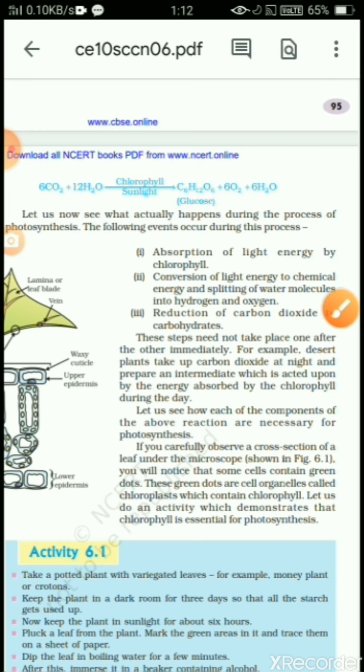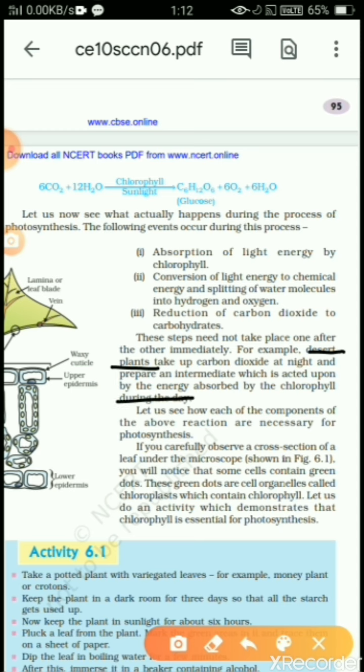For example, in desert plants you see that carbon dioxide is absorbed in the night and absorption of energy by the chlorophyll occurs in the daytime. So these steps can take place after a gap of time. It doesn't mean they occur simultaneously, one by one.